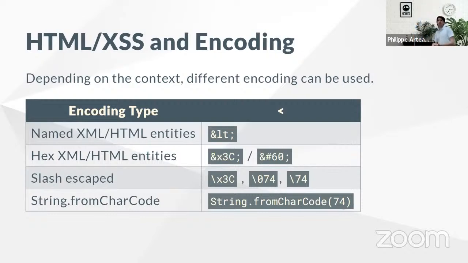Now, XSS is a vector where we'll have plenty of opportunity, because depending on where the values are placed in the page, we'll be able to encode our value sometimes with additional encoding.